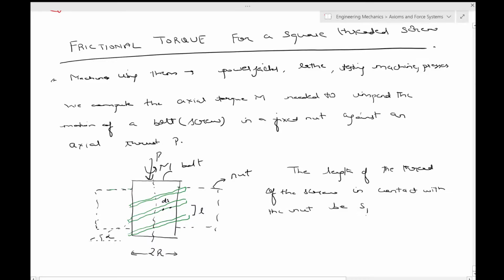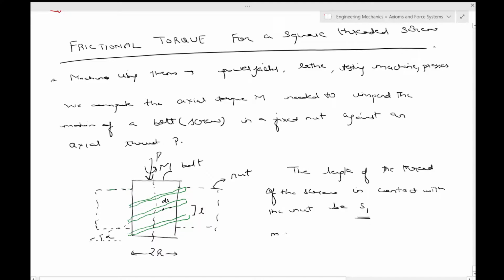So this is the total length of the thread of the screw in contact with the nut. You can take any point S inside this on the thread, and as long as it keeps on moving, eventually when it comes out of the nut, that measured distance is S1. So from 0 to S1.